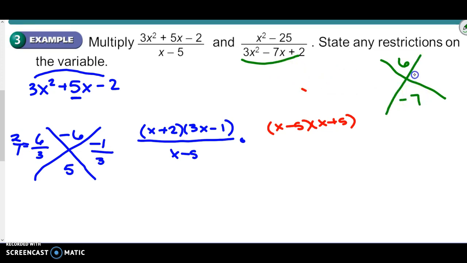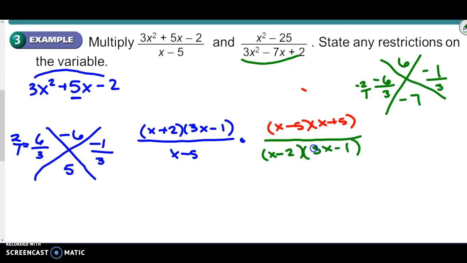So factors of 6 that will give you negative 7 would be negative 6 and negative 1. And then we divide these factors on the side by the a value, which is 3. And so then negative 6 over 3 just gives you negative 2 over 1. So in the denominator over here, we have x minus 2 times 3x minus 1.